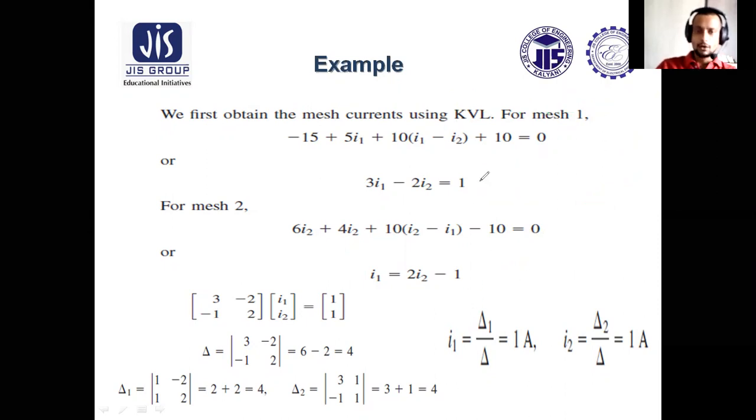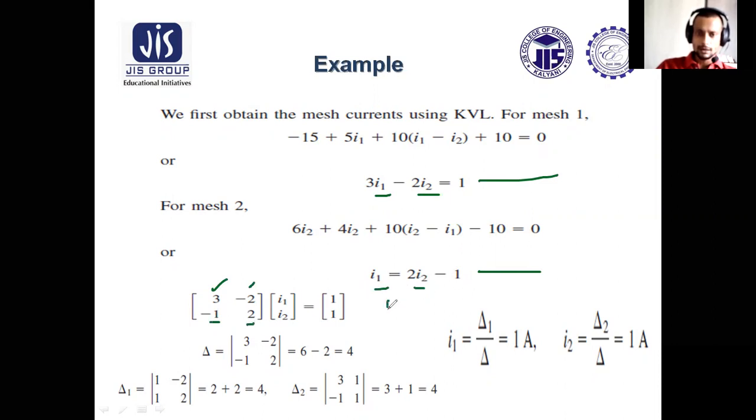Now we have two equations. Now these two equations can be solved to determine these two unknowns I1 and I2. So this can be written in matrix form to apply Cramer's rule to get the solution. See, coefficient is 3. So first we have written 3, then minus 2, minus 2. This should be minus 1. This should be 2. Why?